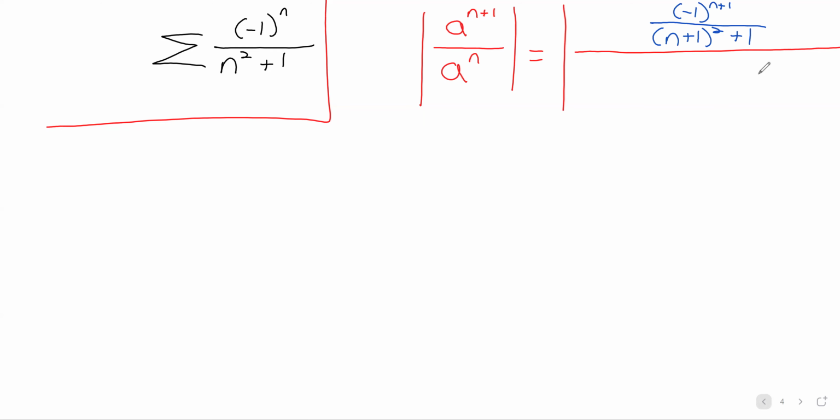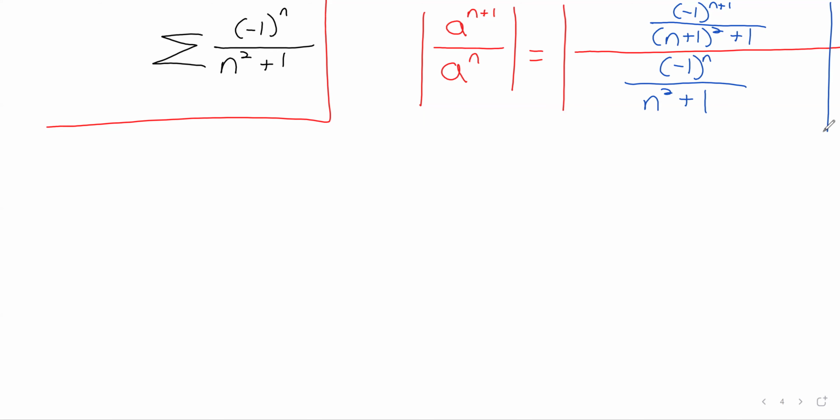But there's what happens when we replace the n's with n plus 1s. And there's the original expression, the a sub n, leave the n's alone.